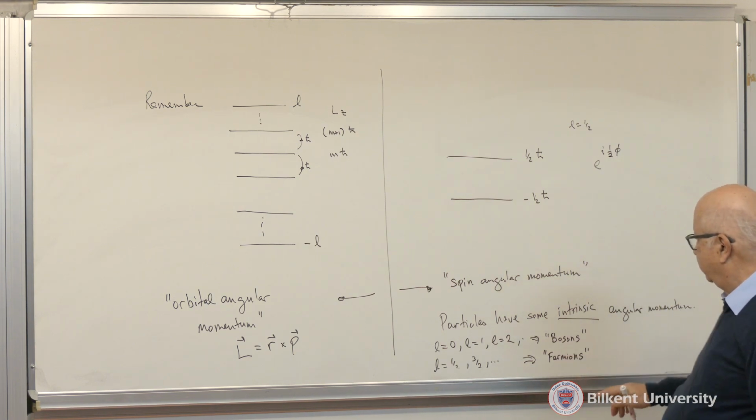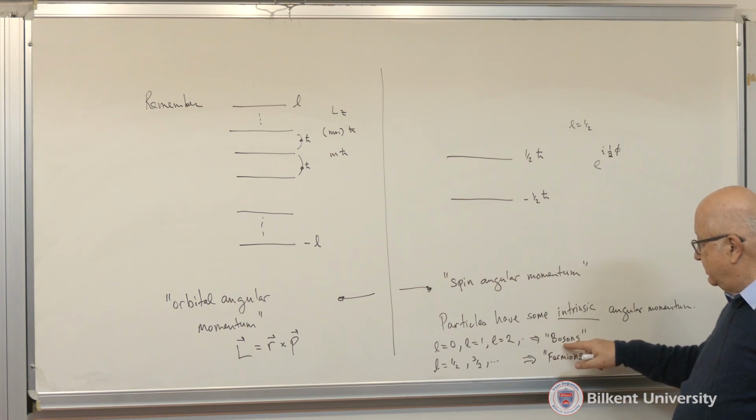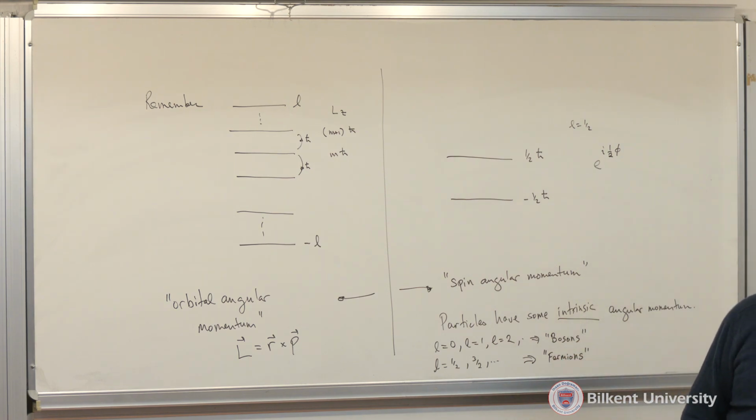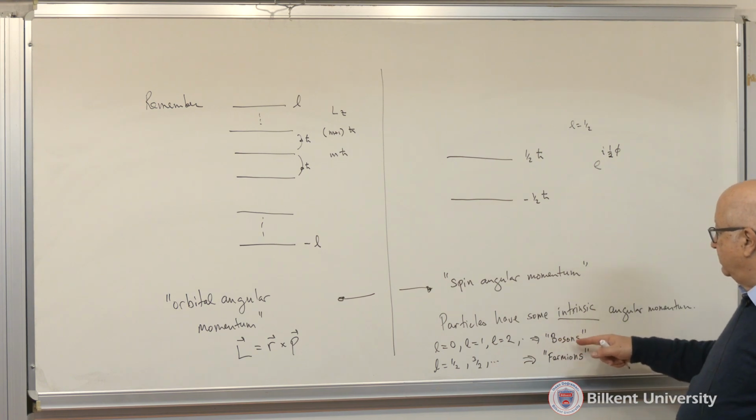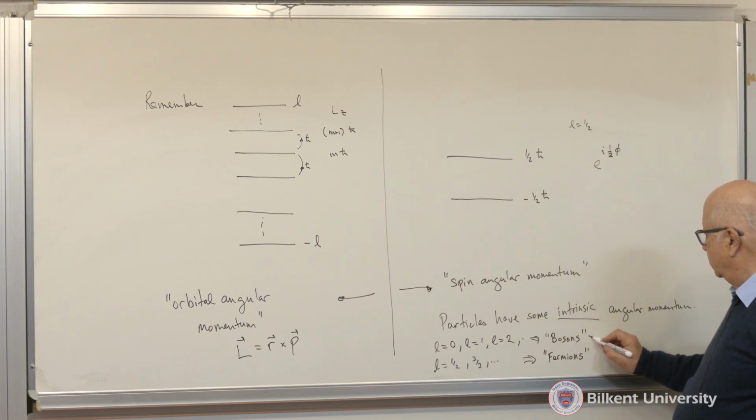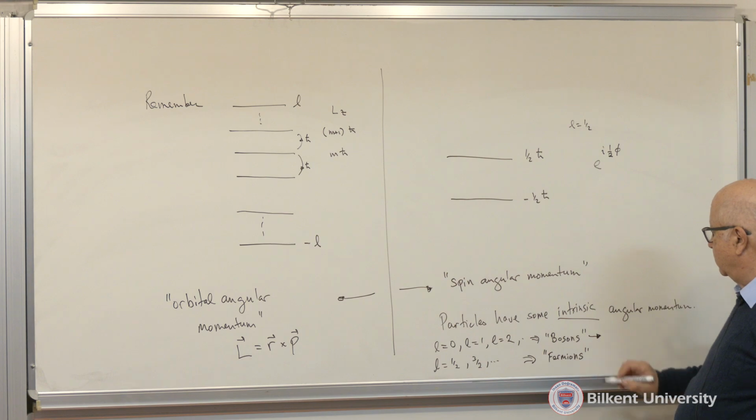These are named after two physicists. Bosons is after Bose, who was a statistician who worked with Einstein, so these particles are called Bose-Einstein particles.